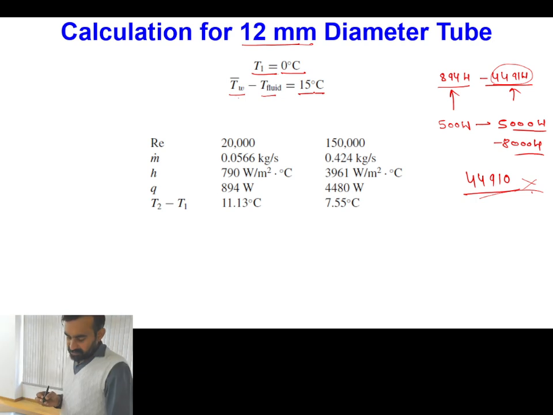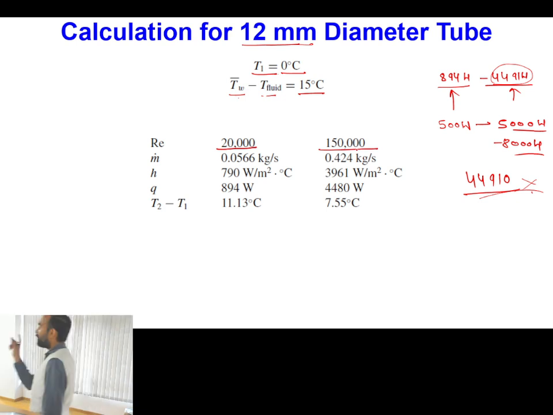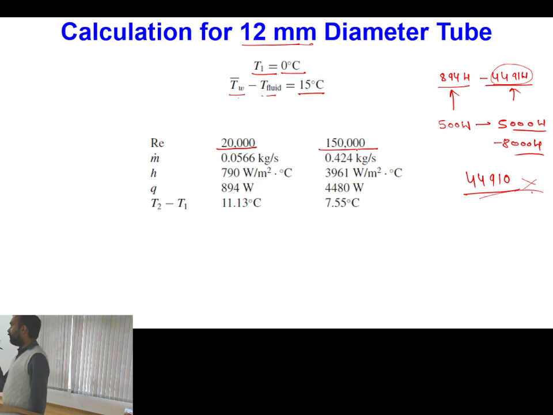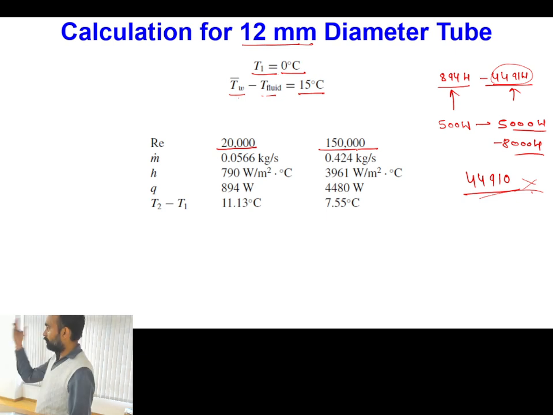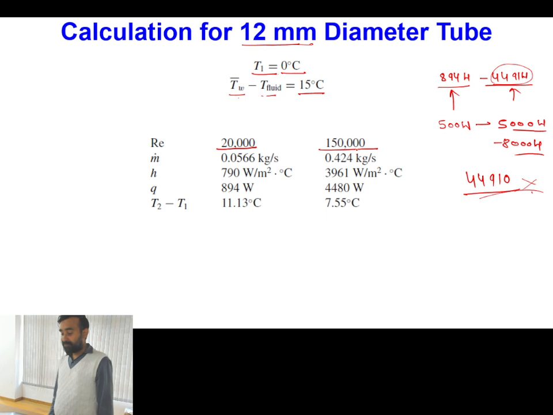For these conditions, if I consider Reynolds number of 20,000 and Reynolds number of 1,50,000, these are the two extremes. We have to do measurements from 20,000 to 1,50,000. In these two extremes, the mass flow rate comes out to be 0.0566 kg per second and 0.424 kg per second.